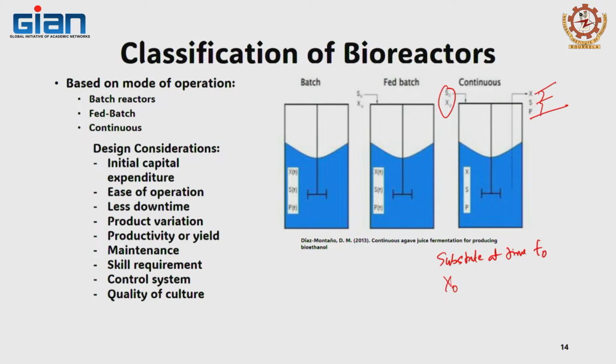So, what are the design considerations for a bioreactor? The most important for any startup in the world: capital. Similarly, if you want to set up a bioreactor facility or any fermentation facility, the very first thing that will come into picture would be your initial capital expenditure.